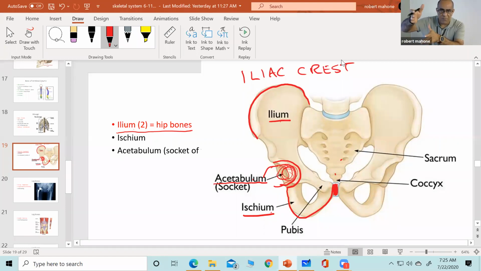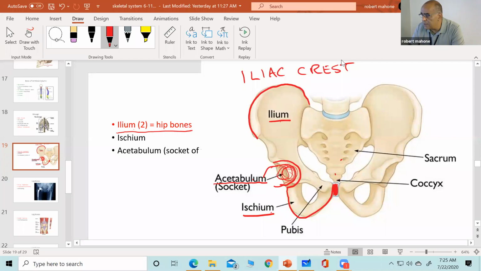Put your hand right on that bone, roll your hand over, squeeze up, and that's where you give your shots. So we use the skeleton to identify procedures that we do on the body quite often. And the iliac crest is something that you should be able to locate on somebody.